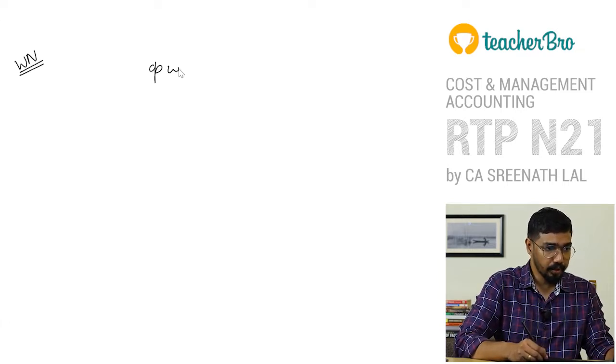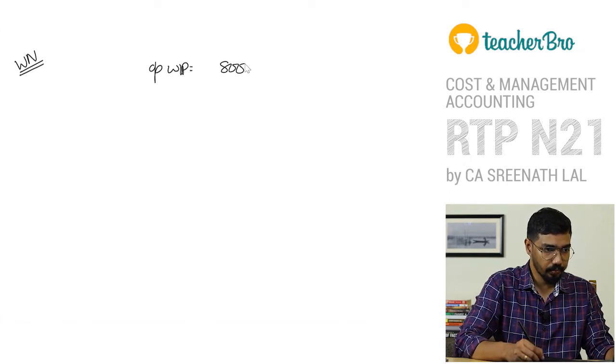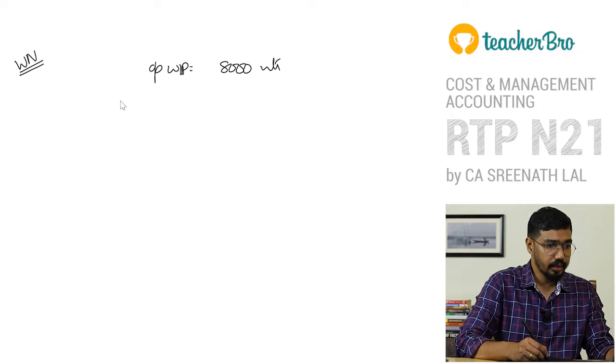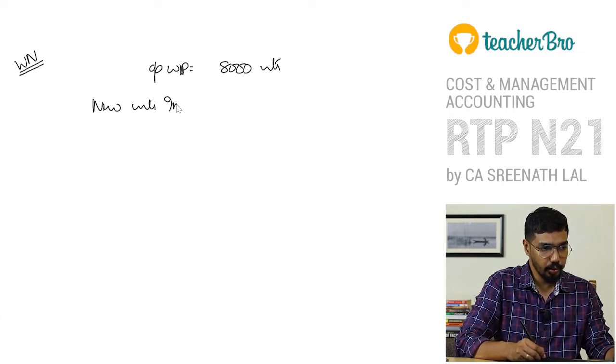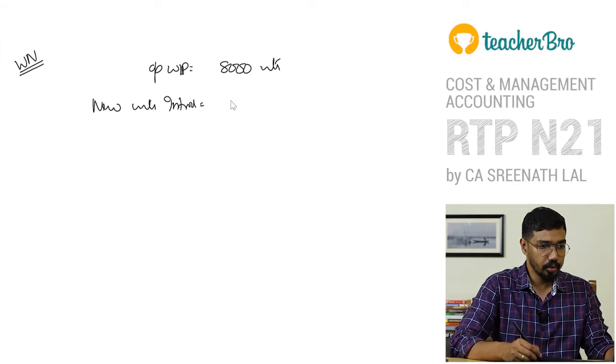So opening WIP is equal to 8,000 units. Next, new units introduced, 32,000. So total it is 40,000.